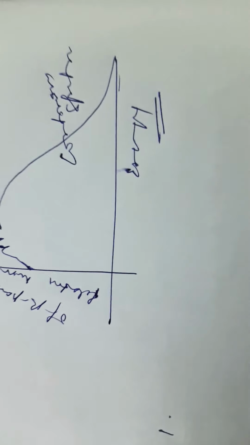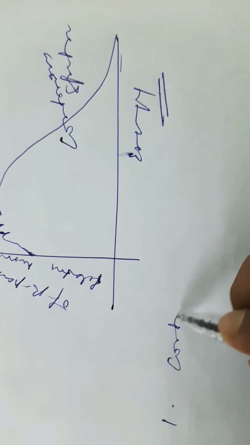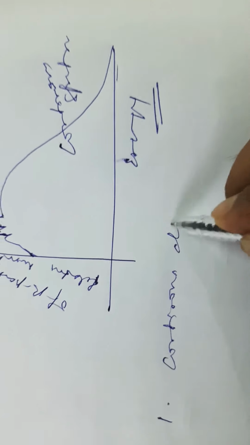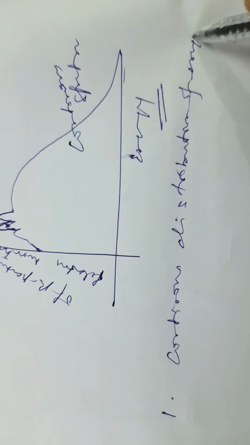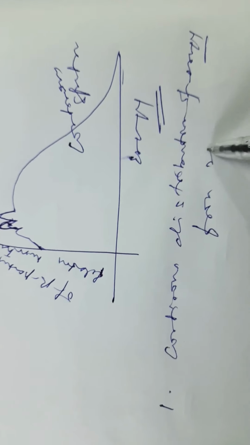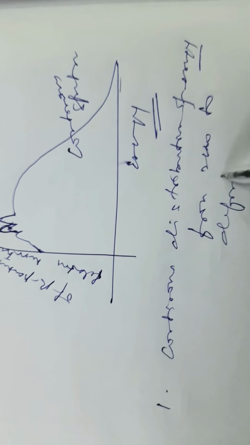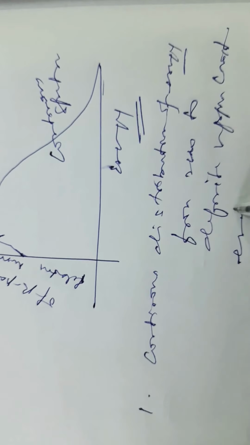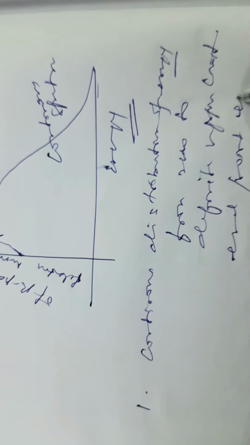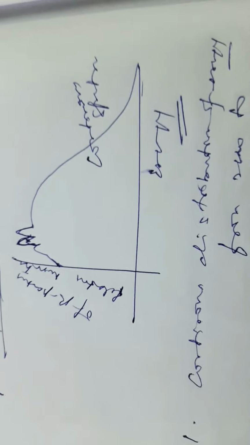Number one: the beta particles emitted from a radioactive substance have a continuous distribution of energy from 0 to a definite upper limit, and the upper limit is called the endpoint energy. It is characteristic of the nature of the emitter.